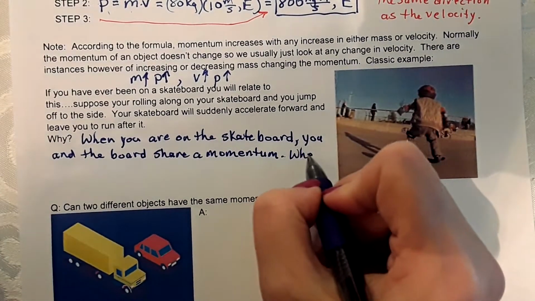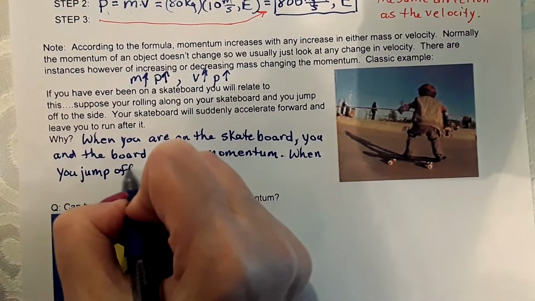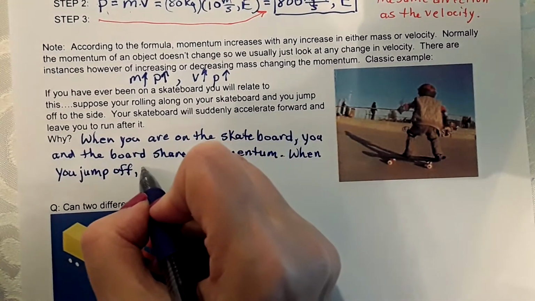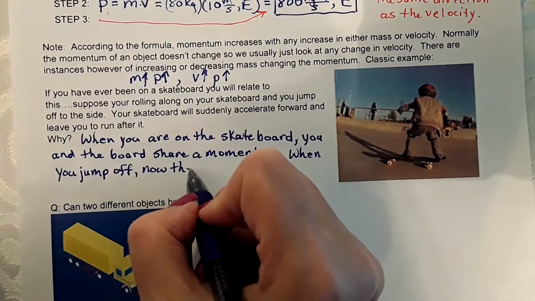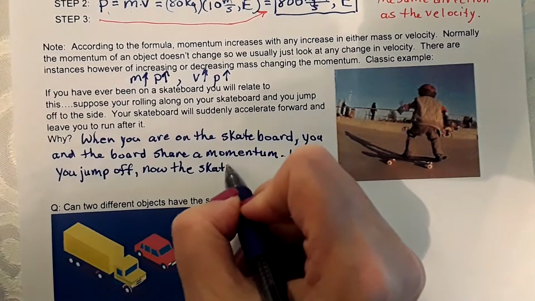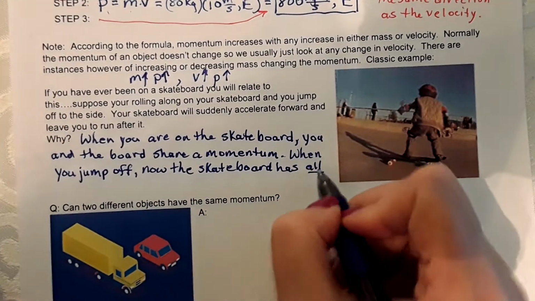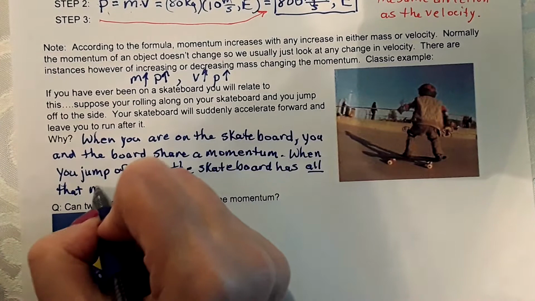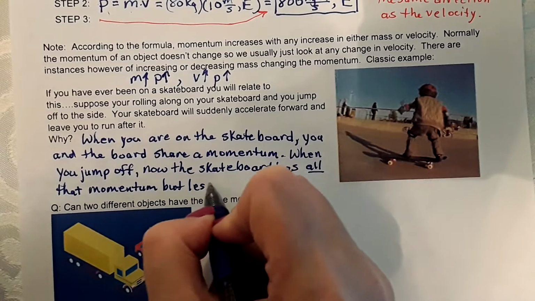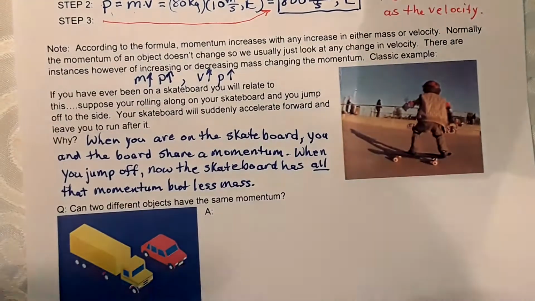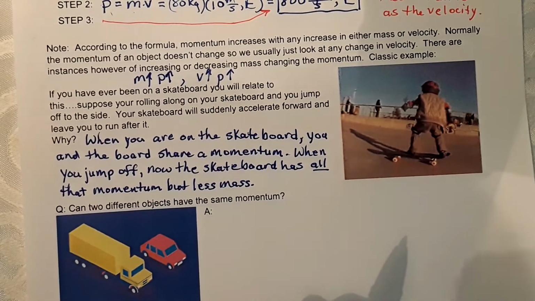Now, when you jump off, you're going to stop when you jump off, so you don't have any more momentum. Now the skateboard has all that momentum, but less mass. All right? Because you're not there anymore. So all that momentum for just the skateboard instead of both of you.